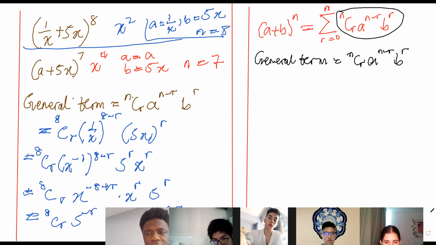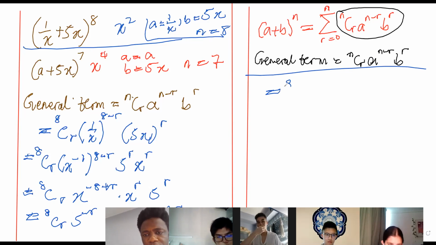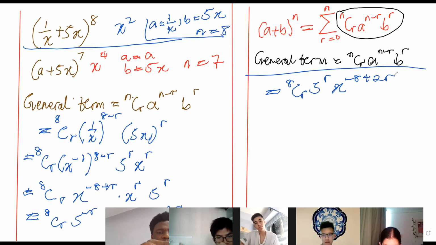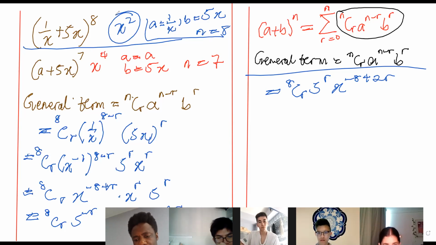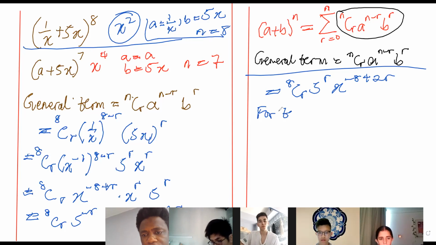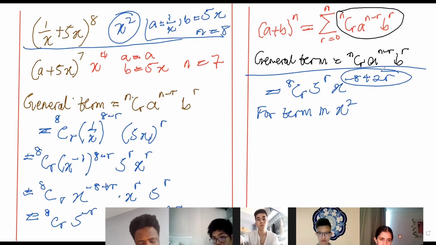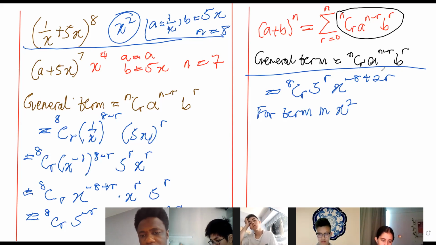Such that finally, the general term will be 8 combination r, 5 raised to power r, then x raised to power minus 8 plus 2r. Remember, this is talking about the term in x squared, right? So for the term to be in x squared, it means this power must be 2. So for the term to be in x squared, it implies that minus 8 plus 2r is equal to 2.